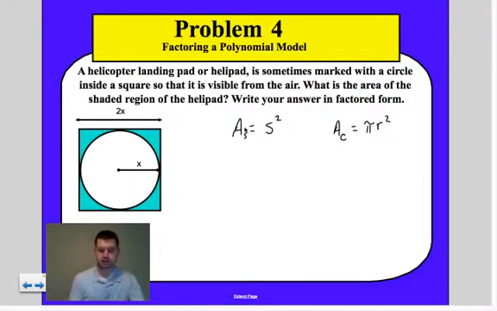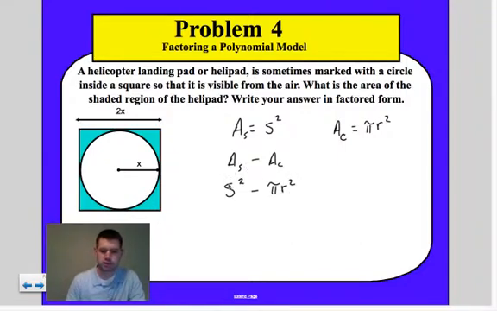So if you take that concept, we're going to take the area of the square and we're going to remove, which we see as being subtraction. Okay, so we're going to remove the area of the circle. Okay, so now we have something to go with. We're going to put s squared minus the pi r squared.